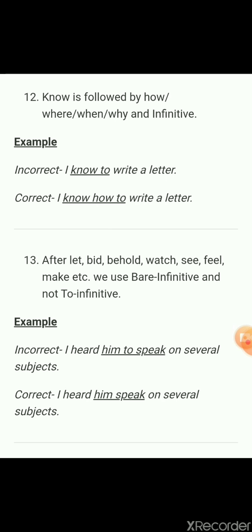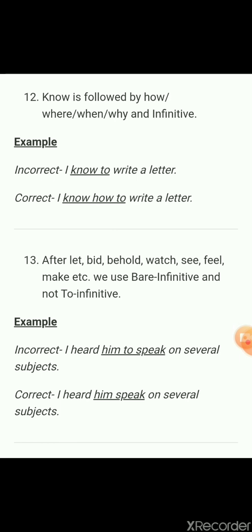Look at the sentence, for example, I know how to write a letter. Okay, now come with where. I know where to go. I know where to go, not directly I know to go. Okay, so in this way you need to rectify the error or find out the error.